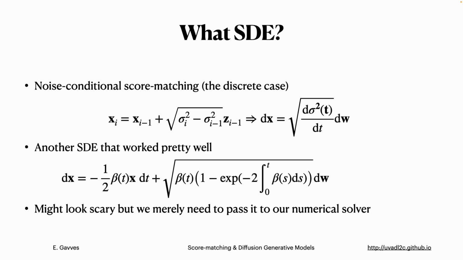You can do whatever you want. Of course, some work better than others. Noise-conditional score matching is similar to this type of SDE. So in the discrete case, the two noise scales i and i minus 1 are similar to having d of x and d of the square root of the noise scale.